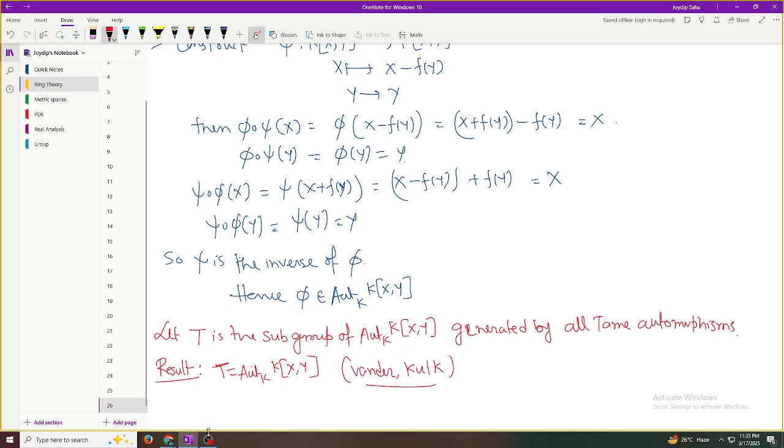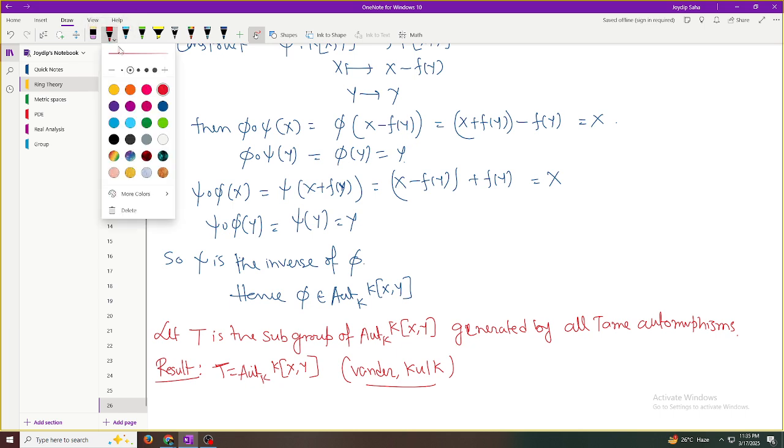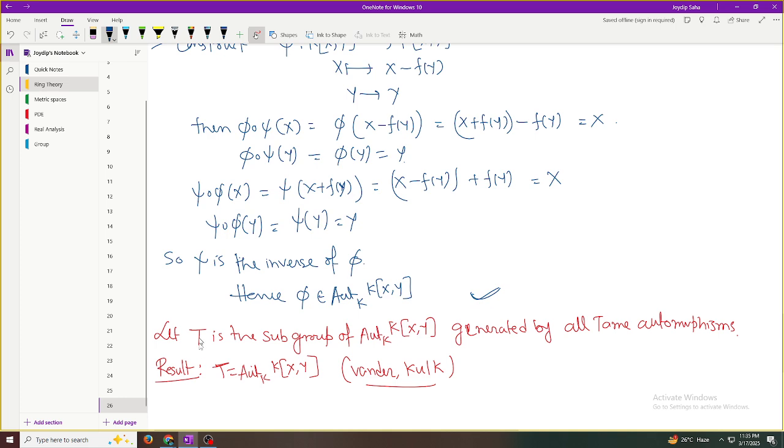The Nagata conjecture is that T is not equal to Aut k[x,y,z], and for three variables it has now been proved by Shestakov and Umirbaev. So whatever, leave it. These two lines are beyond your syllabus, just for your knowledge.